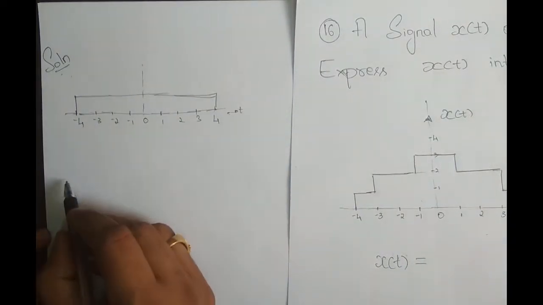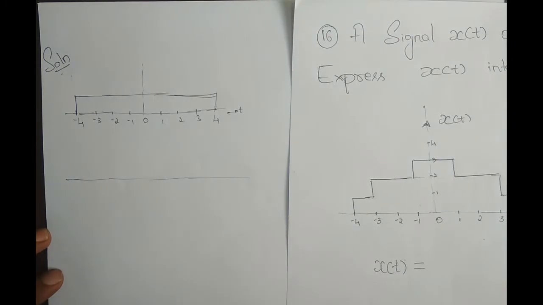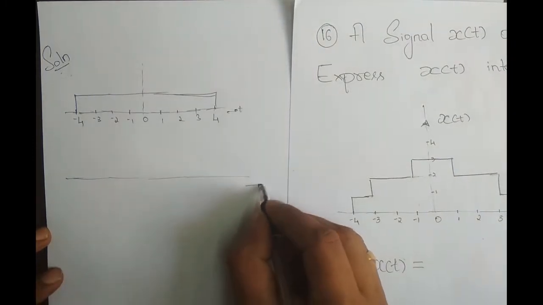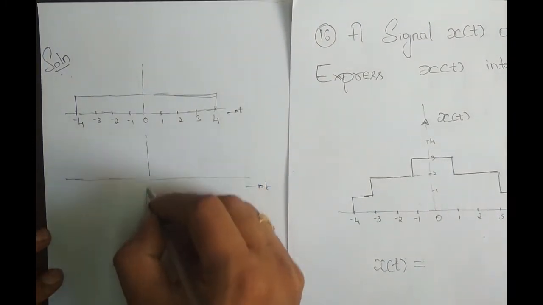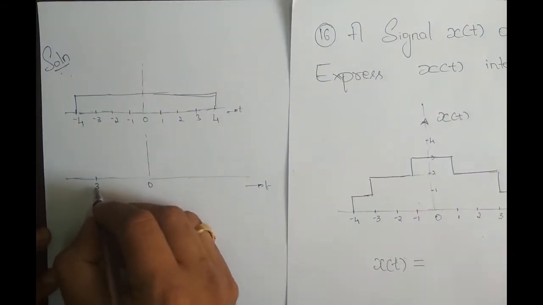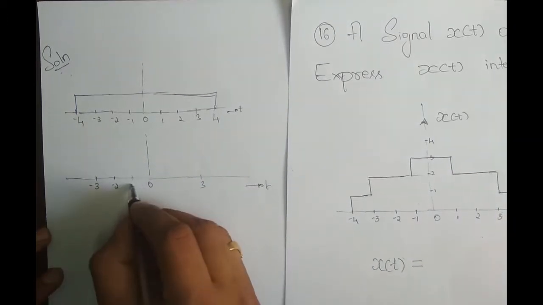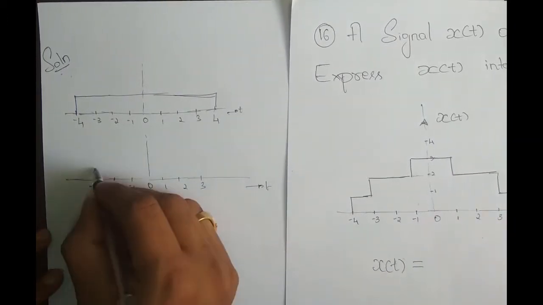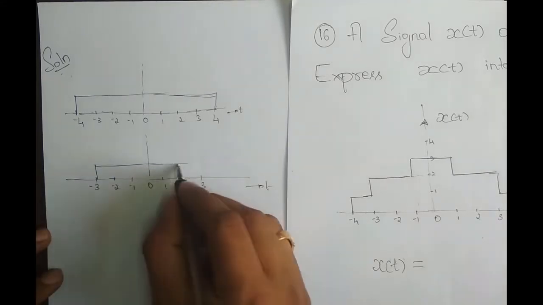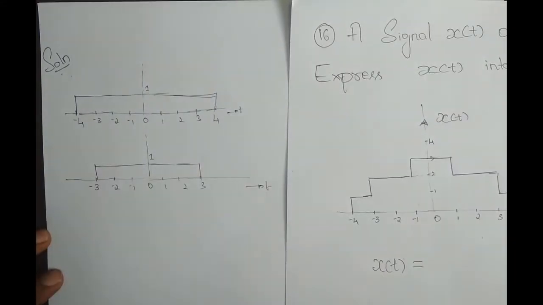Now if this signal is added with one more signal, this is at t is equal to 0, where the signal is varying from -3 to 3. So -2, -1, 1, 2. So this amplitude is 1. First signal amplitude is 1. Second signal amplitude is 2.